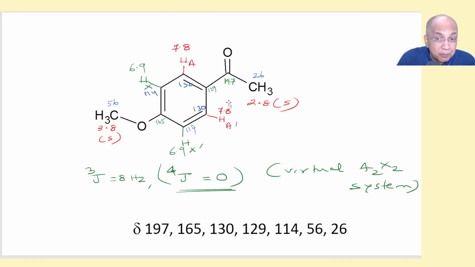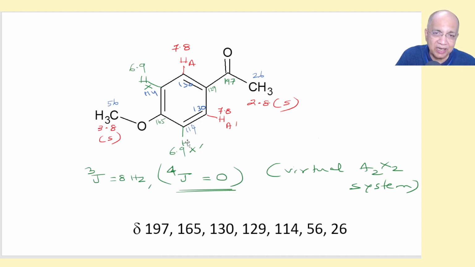Now, I have given you the assignment, but just for your revision, for refreshing your memory, this is 2.8. And what about the aromatic proton peaks? There were 2 protons at 7.8. It must be close to the deshielding acetyl group, and the upfield peak at 6.9 should be close to the +R or +M methoxy group, right?